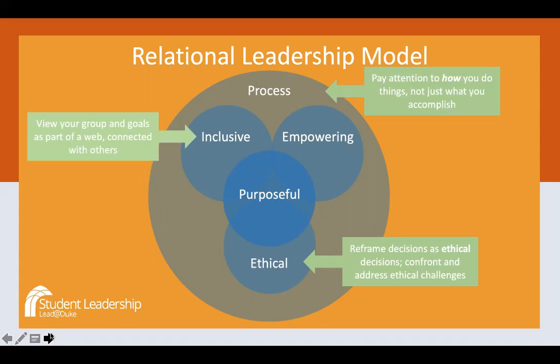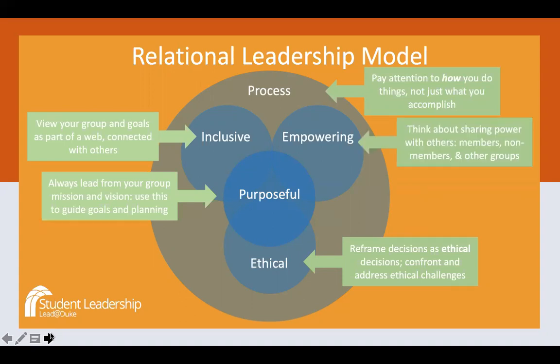Stretch yourselves to understand how your group is connected to others and to understand the interconnected web of our community. Always lead from your group mission and vision and use these to drive your goal setting and work. And continue to see patterns and structures of power and imagine ways to share this even more with others in the group and community.